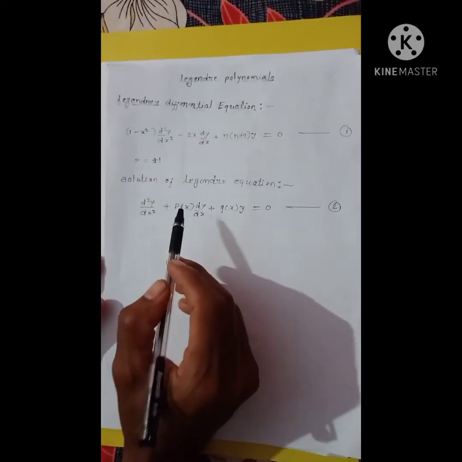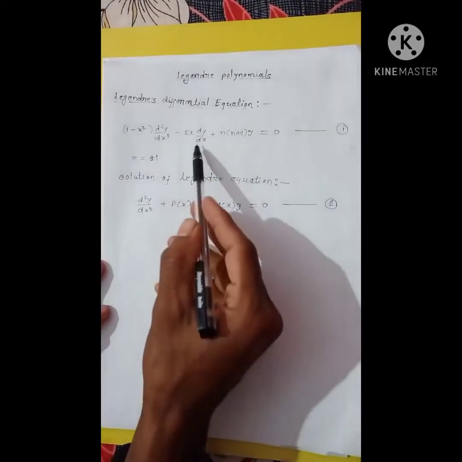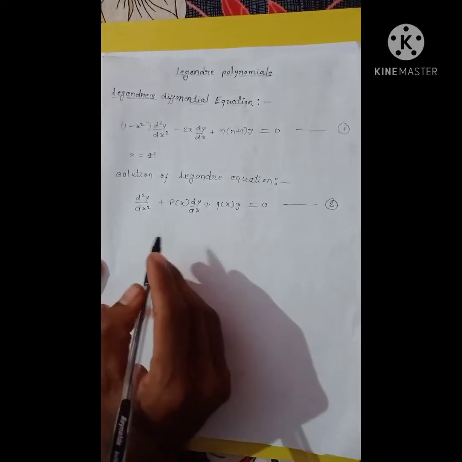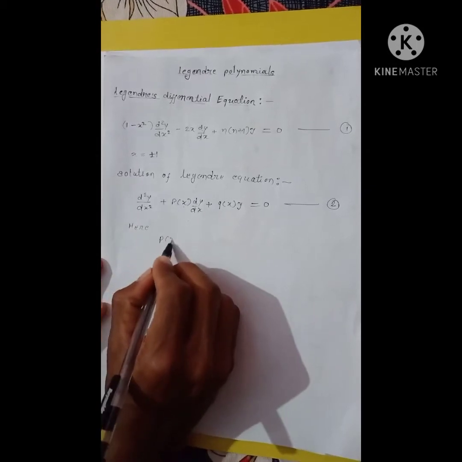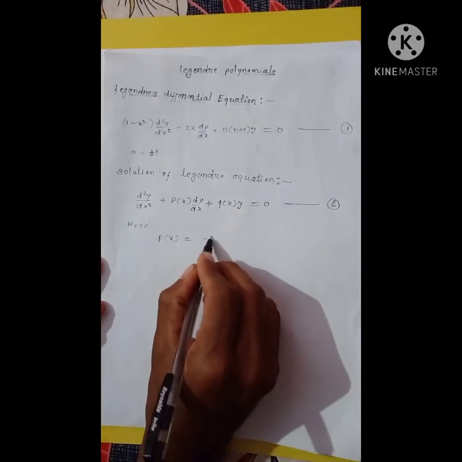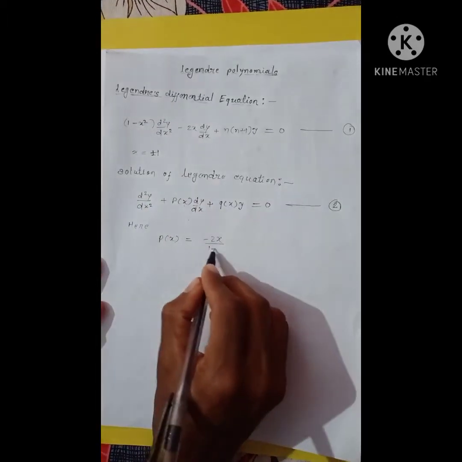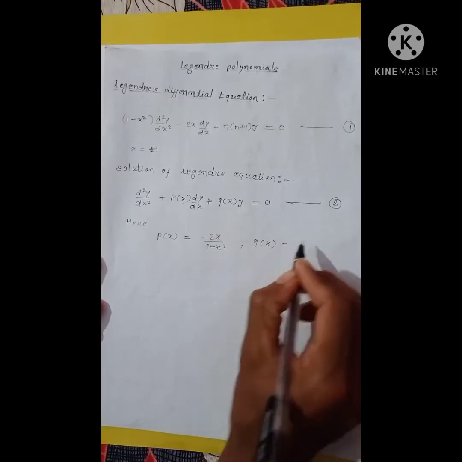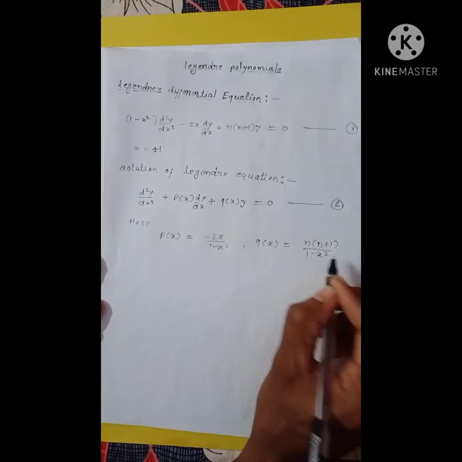Now we will compare equation first and equation second. After comparing equation number first and equation number second, we can see that here p(x) is equal to minus 2x upon 1 minus x square and q(x) is equal to n(n plus 1) upon 1 minus x square.